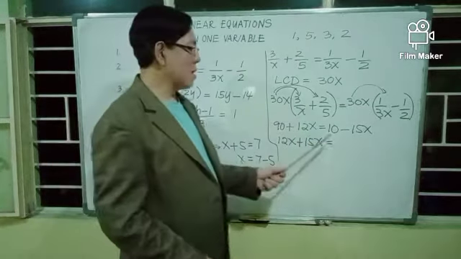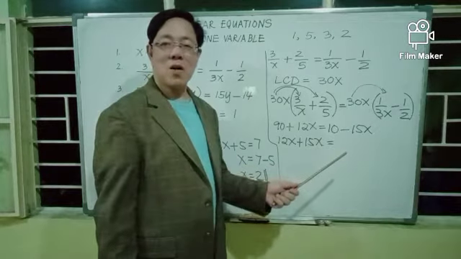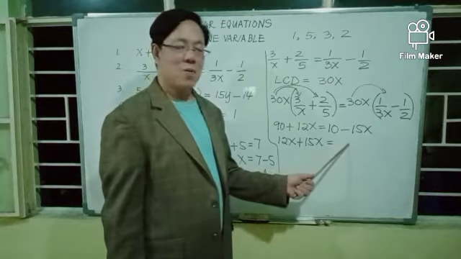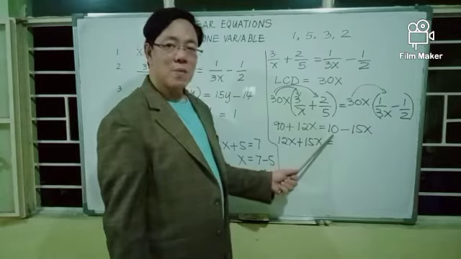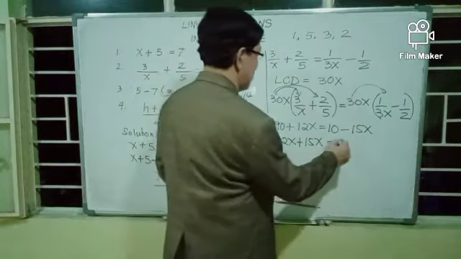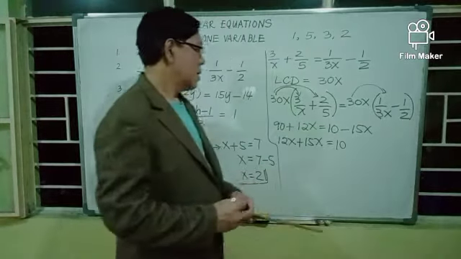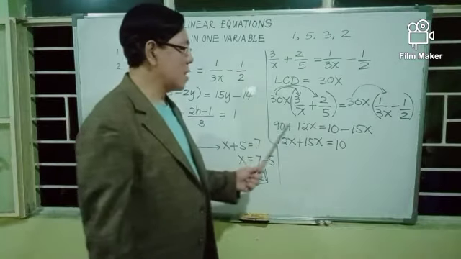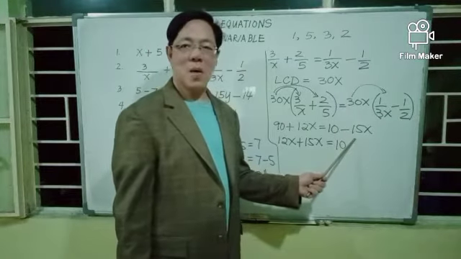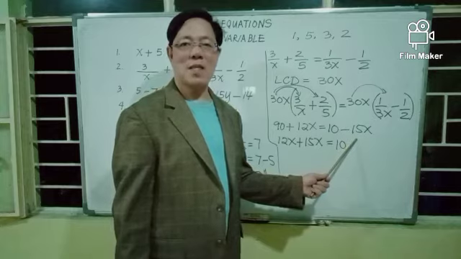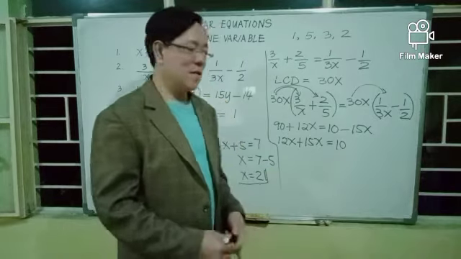At the right-hand side, we bring all the constants to the right-hand side of the equation. At the right, we have 10. And we transpose positive 90 to the right-hand side. We take the opposite sign of positive 90, it becomes minus 90.